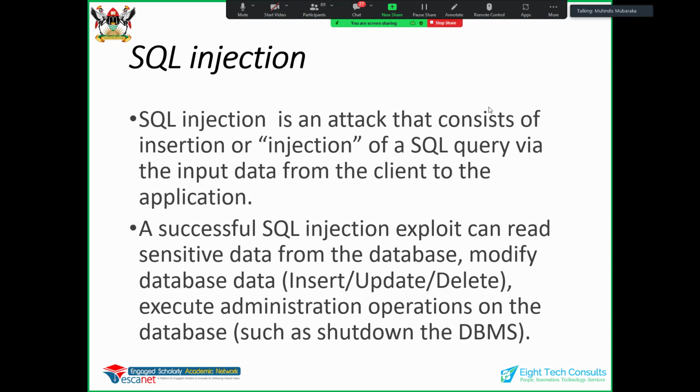A student has not paid school fees, but because someone has a trick of doing SQL injection in your system, he can insert a record that says this student has paid a specific amount of money, and you're even owing him a specific balance. They come and collect the balance, yet the student did not really pay. That is the power of SQL injection.